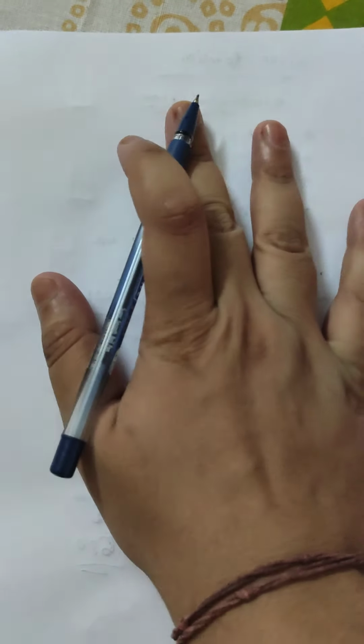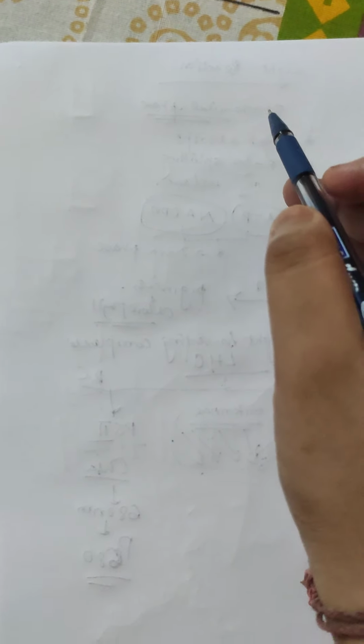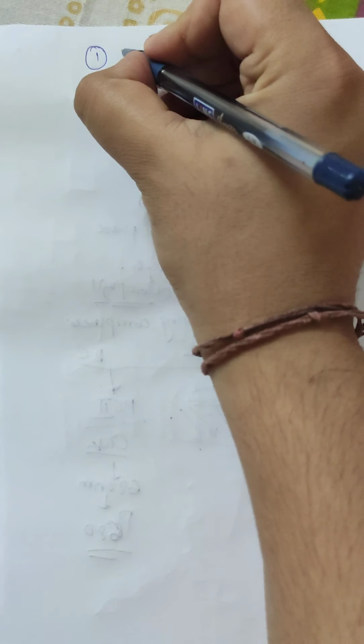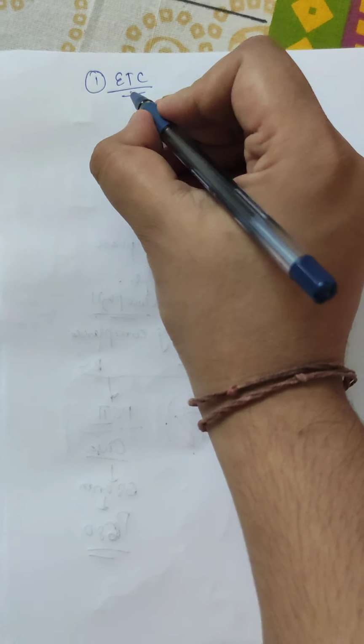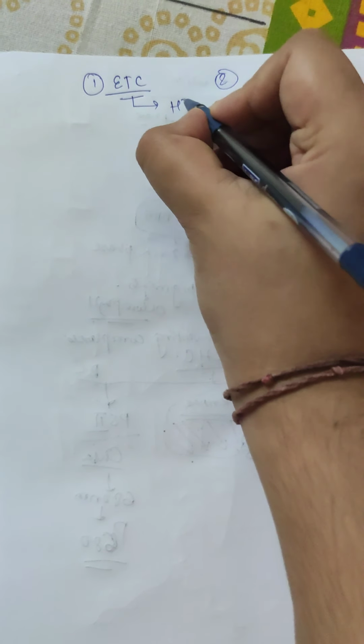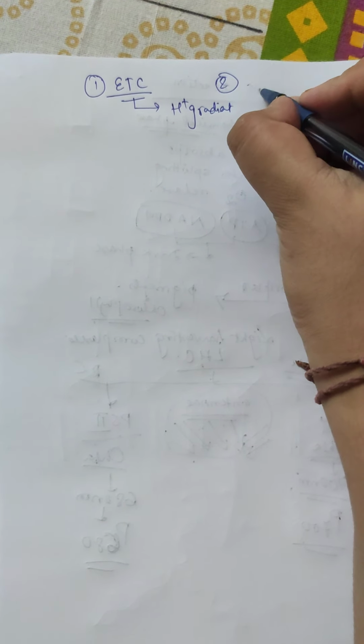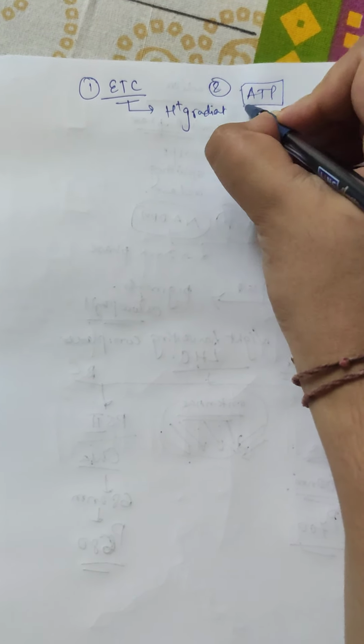Now, in my previous lectures, I've already mentioned that for ATP synthesis there are basically two steps. Number one is the electron transport chain, and due to the electron transport chain, a proton gradient is created, and it is by virtue of this proton gradient that ATP finally gets synthesized.